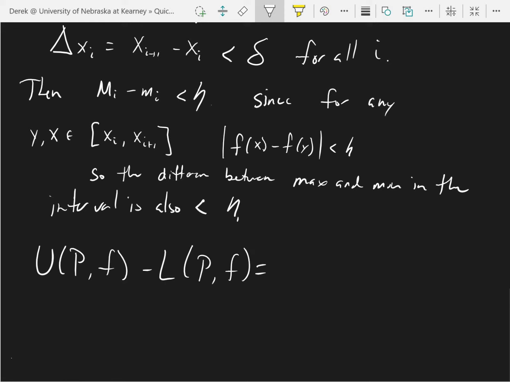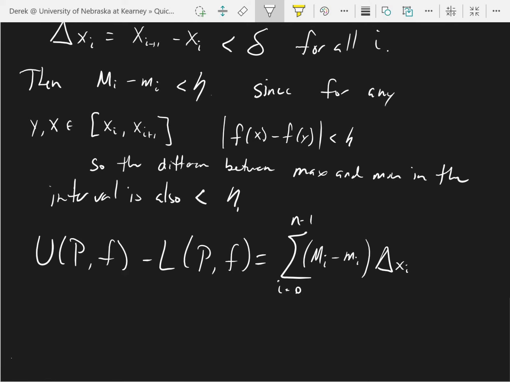That's equal to the sum from i equals 0 to n minus 1 from the partition of Δx_i times (M_i minus m_i). The capital M_i's are the upper, the little m_i's are the lower. When I take the difference, I get the difference between the upper and lower.